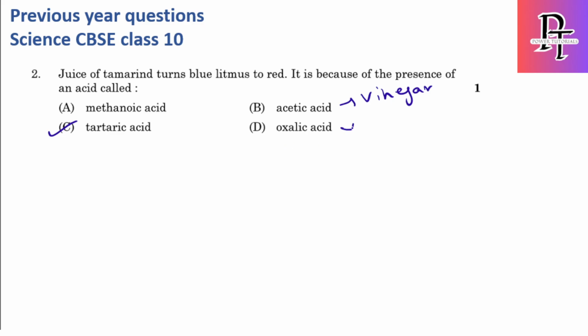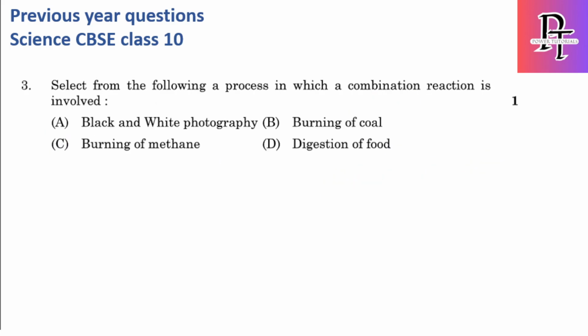So if they ask in the question, if it is tomato, then it is oxalic acid. If it is vinegar, then it is acetic acid. And if it is apple, then it is malic acid. You have to remember these three. Okay, let's move to the next one.